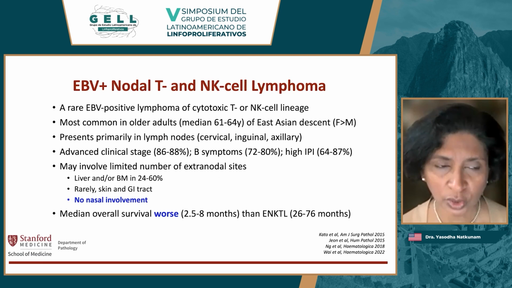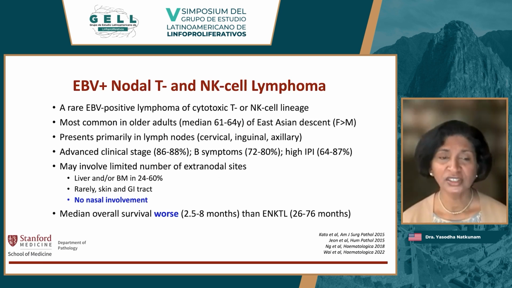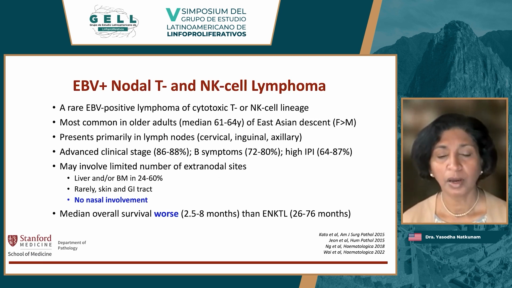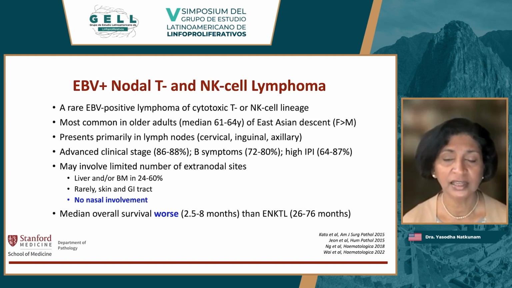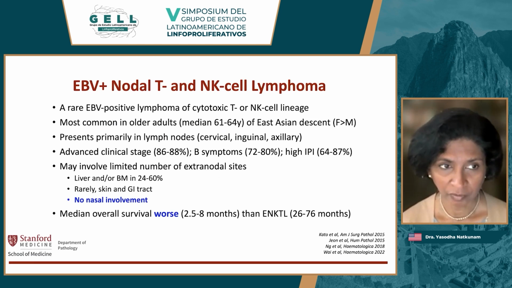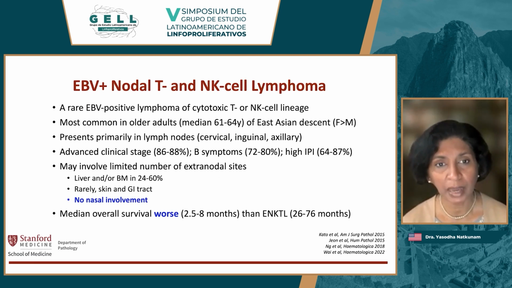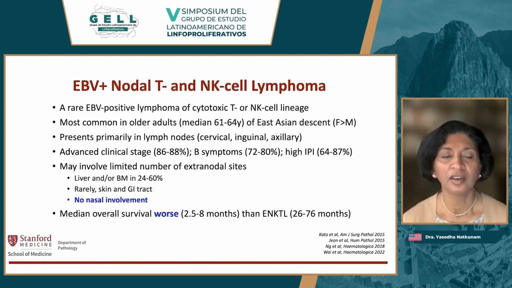In the WHO, as well as the ICC classifications, a new subtype of NK/T-cell lymphomas has now been described. Unlike the extranodal lymphoma, this actually presents primarily in the node. Most of these lymphomas have a T-cell immunophenotype, but they can also be of NK cell phenotype.